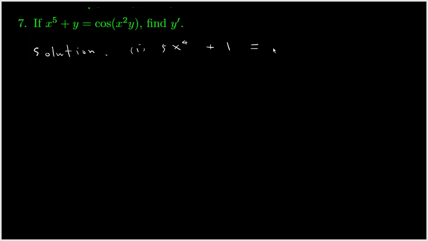Anybody want to correct me? That's actually a common mistake. Anybody want to tell me how to correct the underlined thing? The key is treating y as a function of x. It's y prime. Y prime is right. We treat y as a function of x.